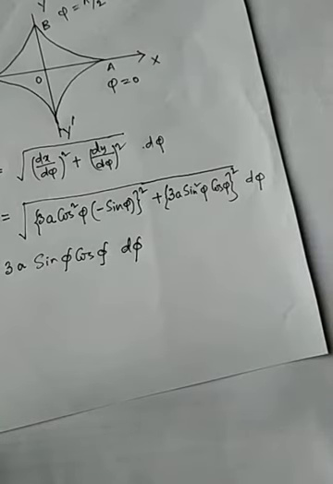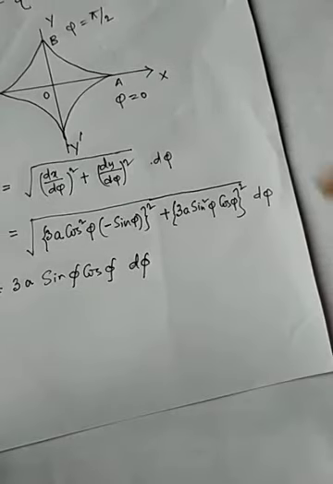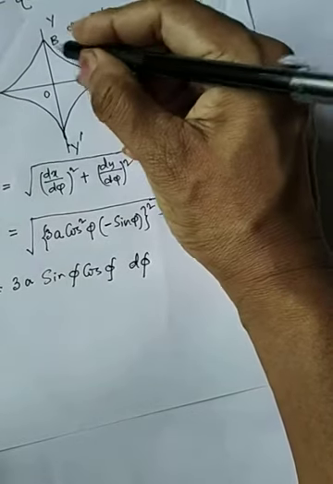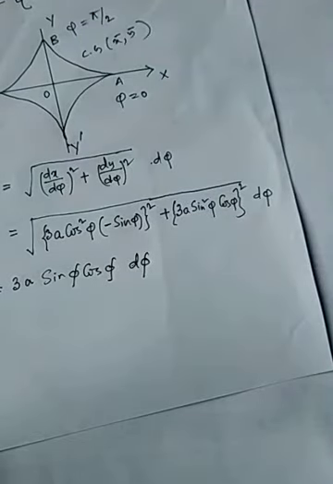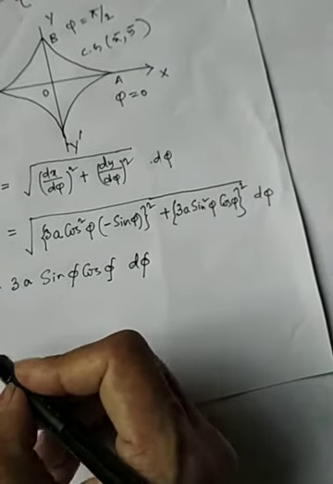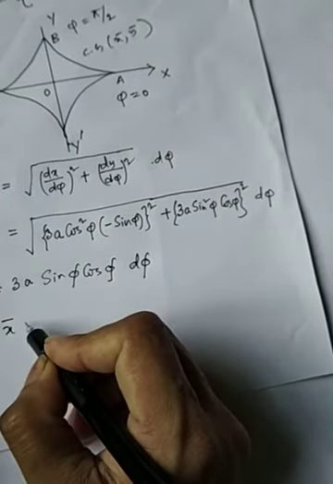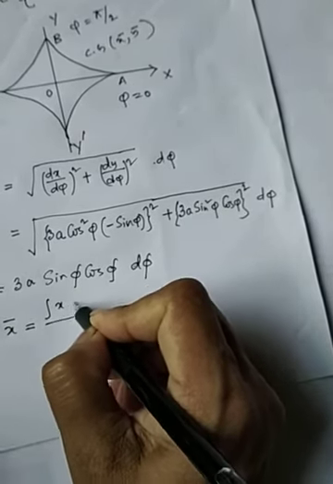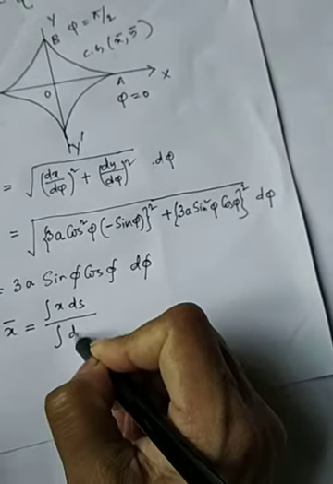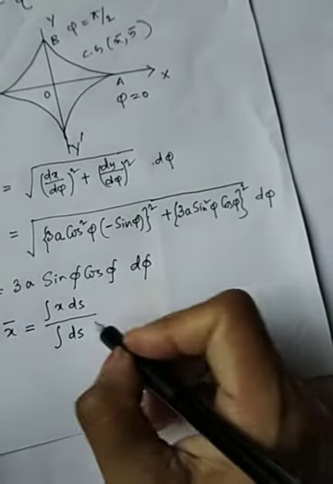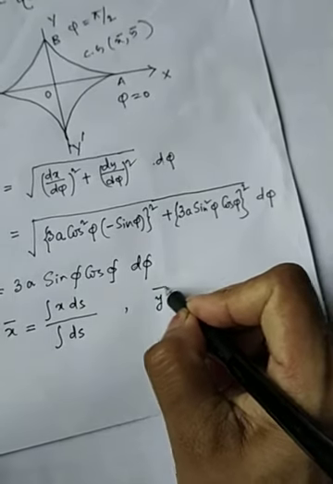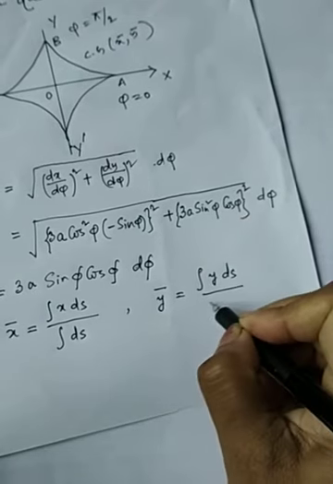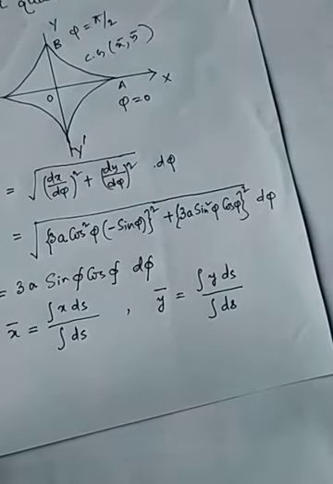Okay, now let us think that the CG coordinate is x bar, y bar, somewhere in the curve it is situated. So what is the formula? Formula of x bar is integration x ds divided by integration ds, and the formula for y bar is integration y ds divided by integration ds.